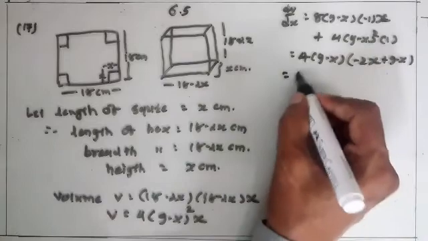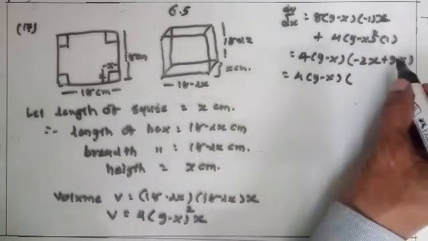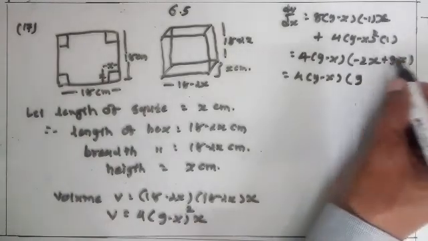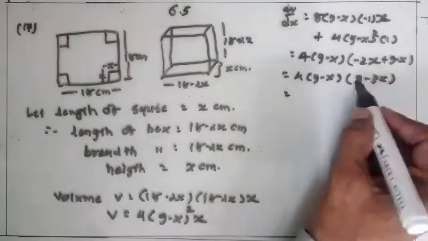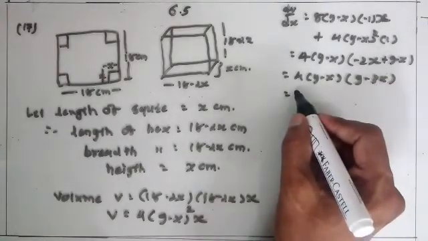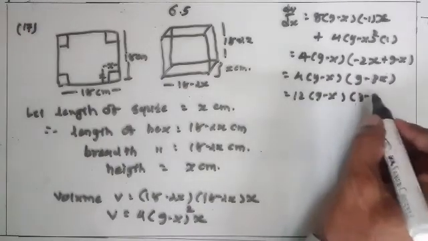Clear? So it is 4 into (9 minus x) into (9 minus 3x). Take 3 common from these two: 4 times 3 is 12, so 12 into (9 minus x) into (3 minus x).